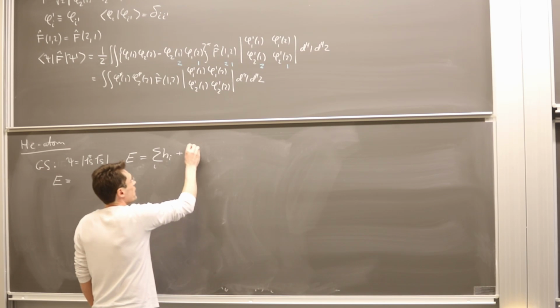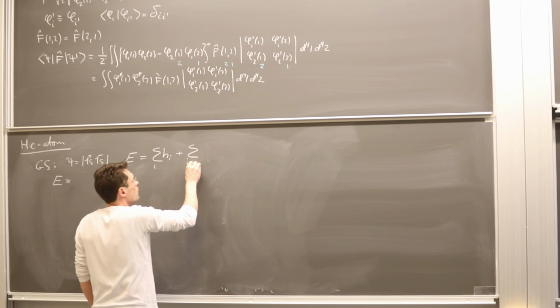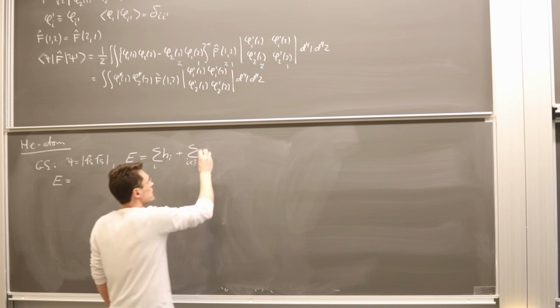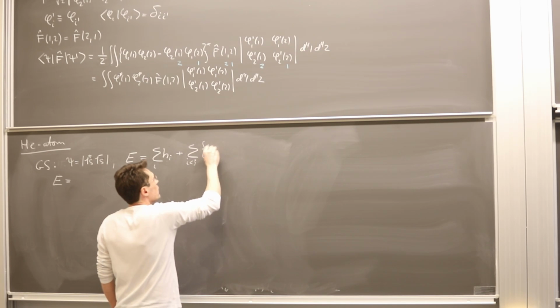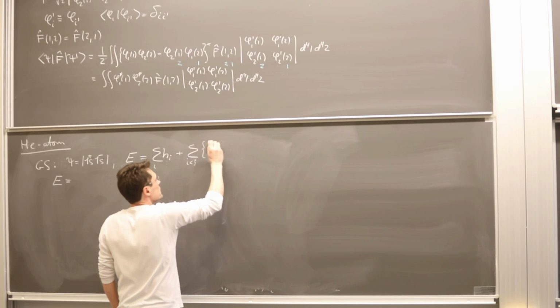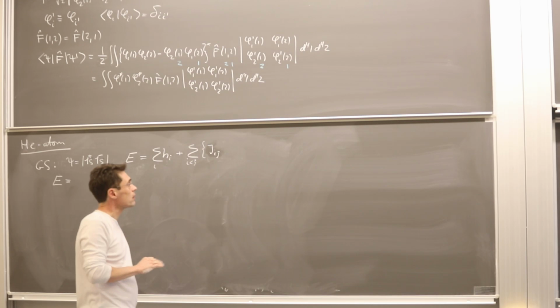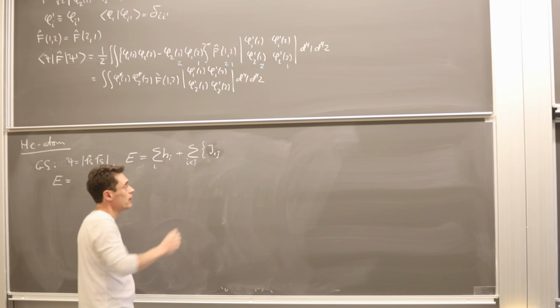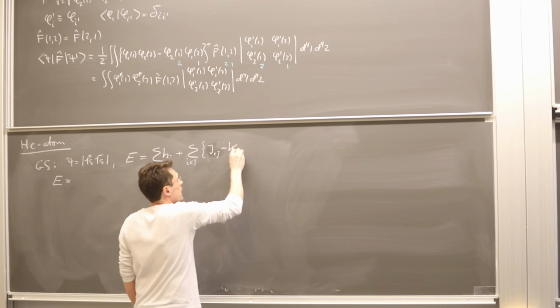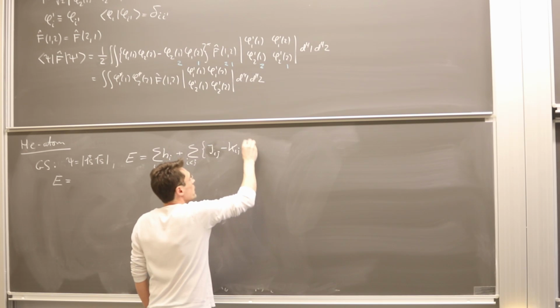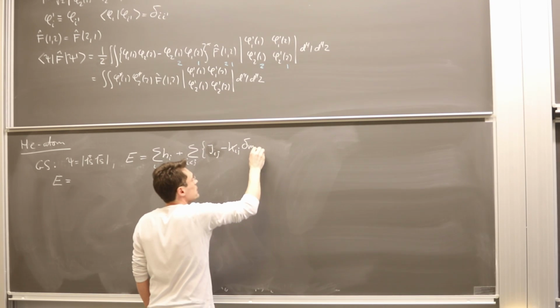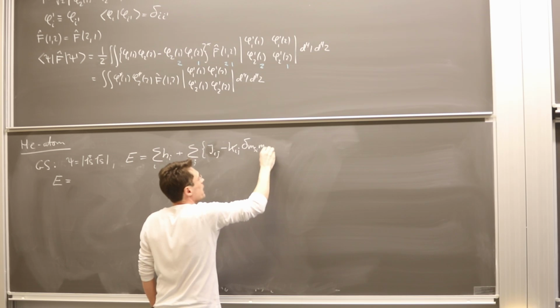Then I have a sum over all pairs of electrons. Sorry, there's the Coulomb part, which I always get irrespective of spin. And then there's the exchange part here, which I only get if the two orbitals in question have the same spin.